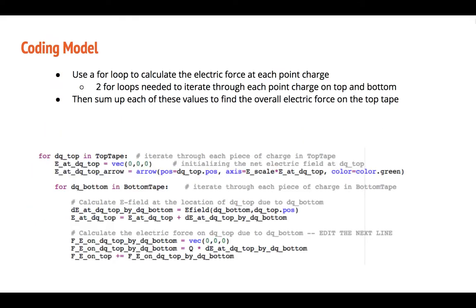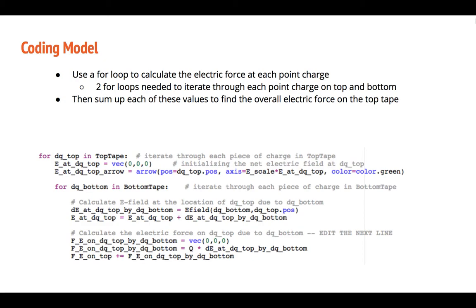So now, using the coding model, the biggest and most important part of this was the for loop shown below, where it used this loop to calculate the electric force at each point charge.